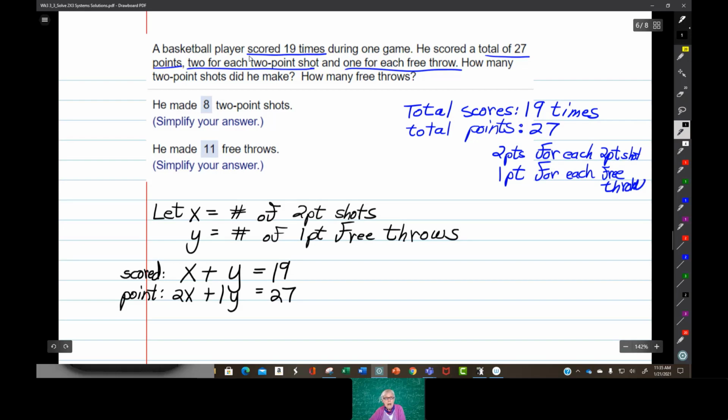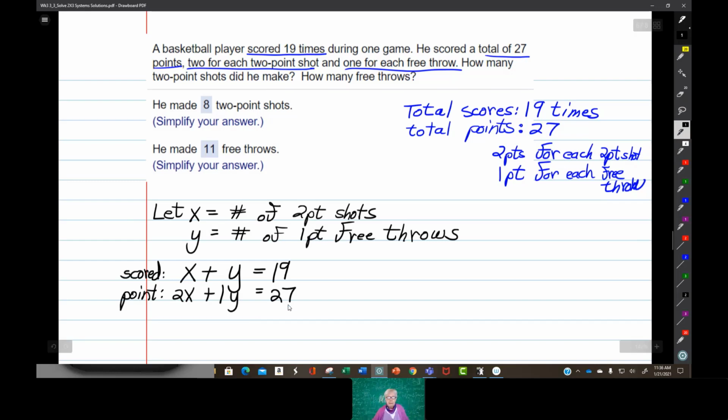Maybe it's not. A basketball player scored 19 times during a game. One, two, three. He scored a total of 27 points.